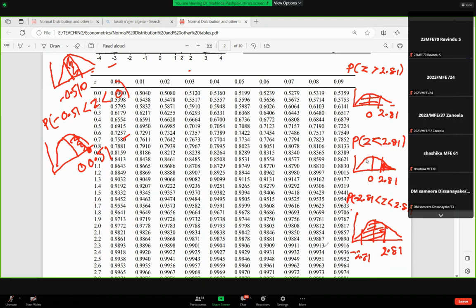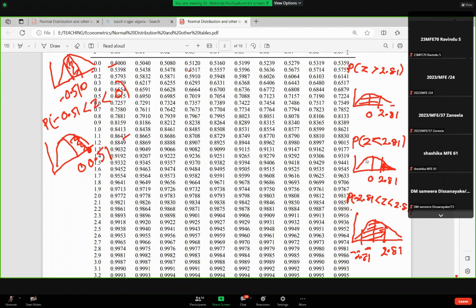What is the answer for this one? Then if you read 2.81, 2 point... This is the value, no? 2.81. This is the 2.81.